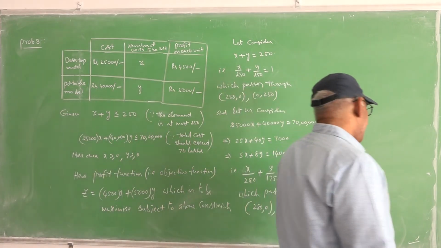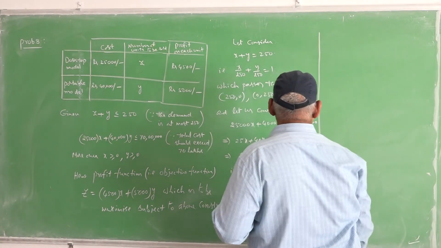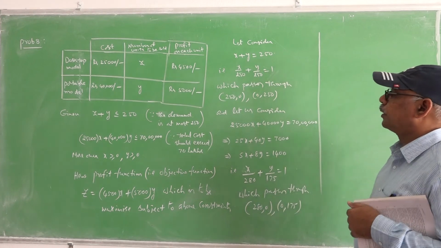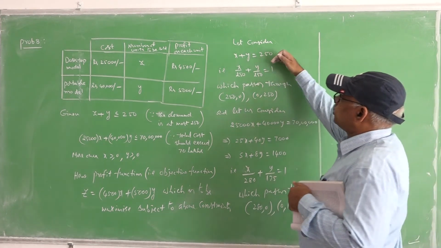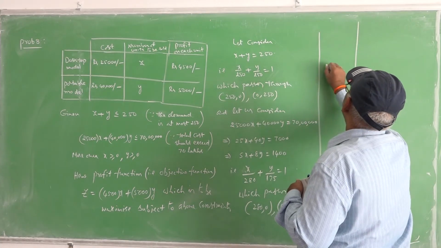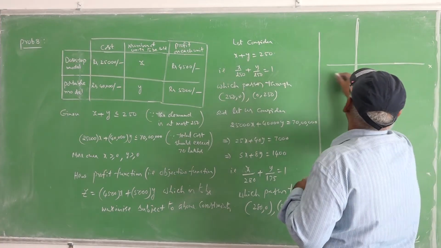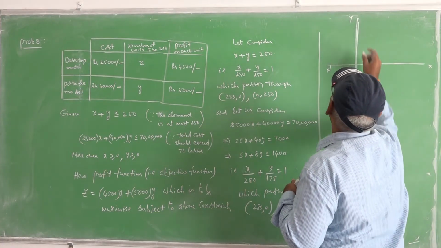Now draw the feasible region related to these constraints. So to draw the feasible region, let us consider this line. Draw the X-axis and Y-axis.